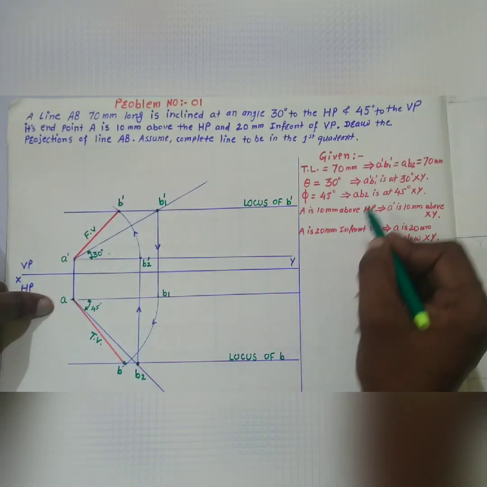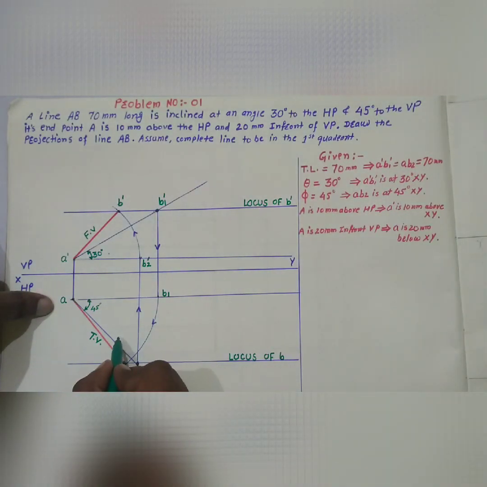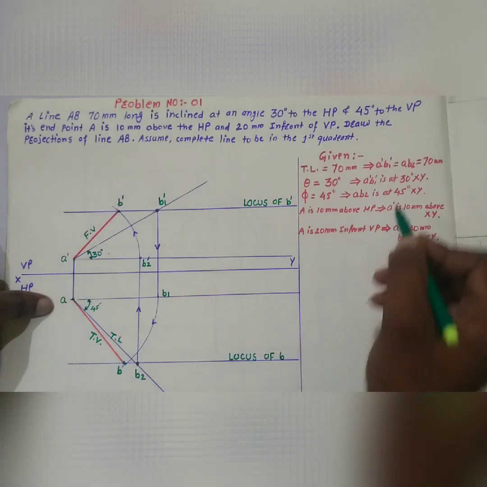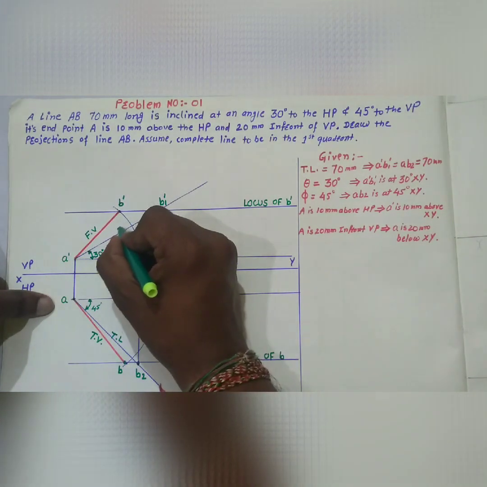A B2, already given as 70 mm, is your true length. Also A dash B1 dash is your true length.